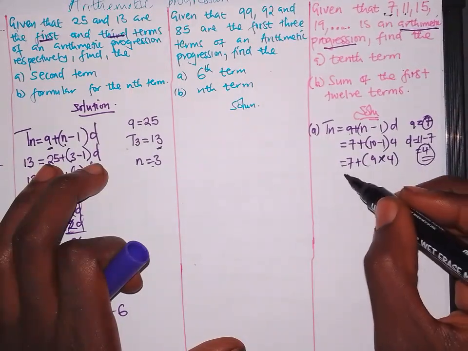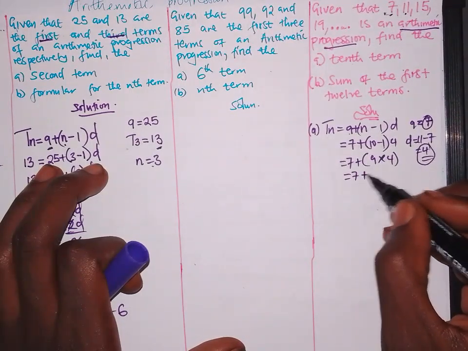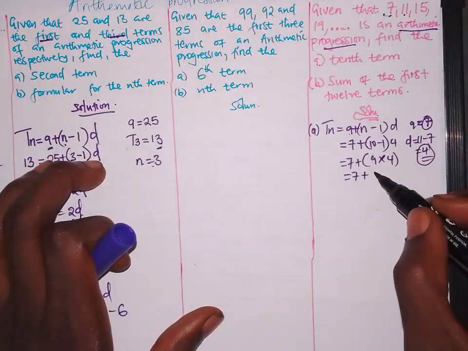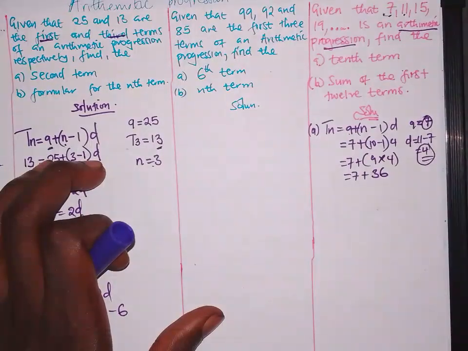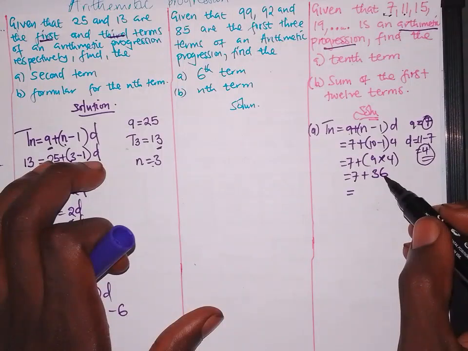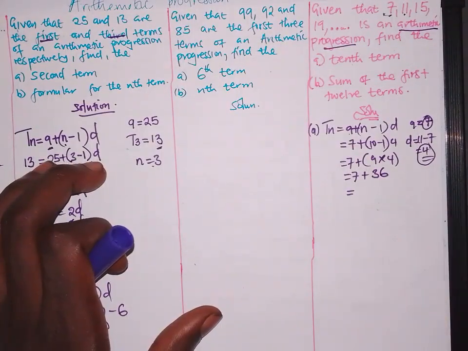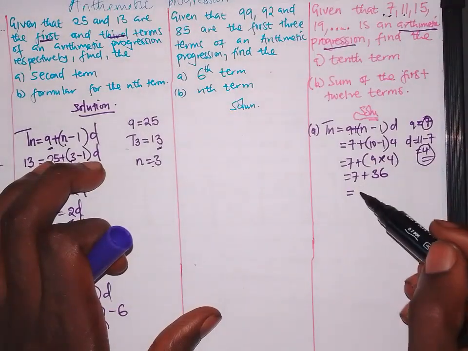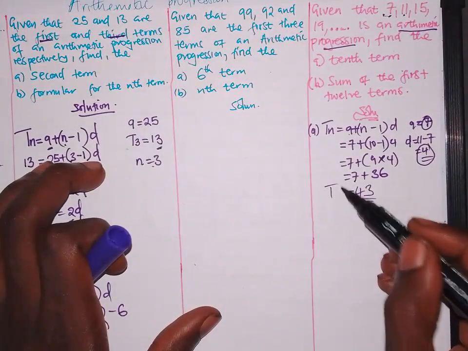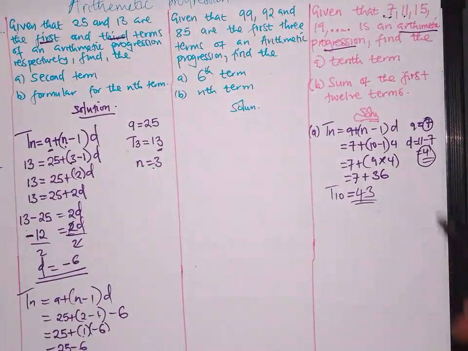So what is 9 times 4? 9 times 4 is 36. Then 7 plus 36, we have what? 43 as our 10th term. So this is how simple questions can come.